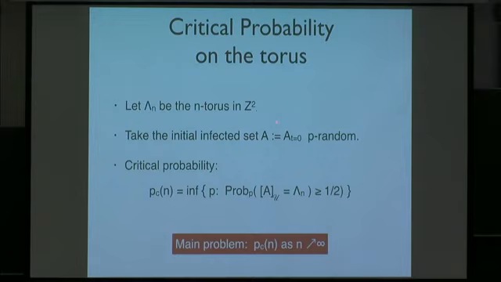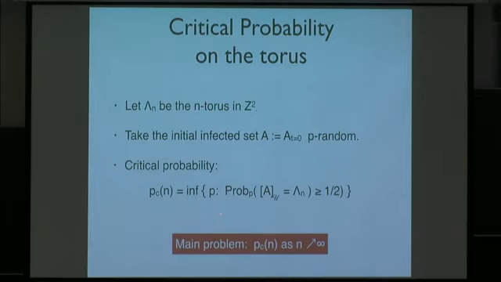So the main question is this: take a big torus, say Λ_n, and suppose that you start by tossing a coin for each vertex to decide whether it is infected or not. So the initial set is p-random, where the probability of being infected is p, which is assumed to be very small.